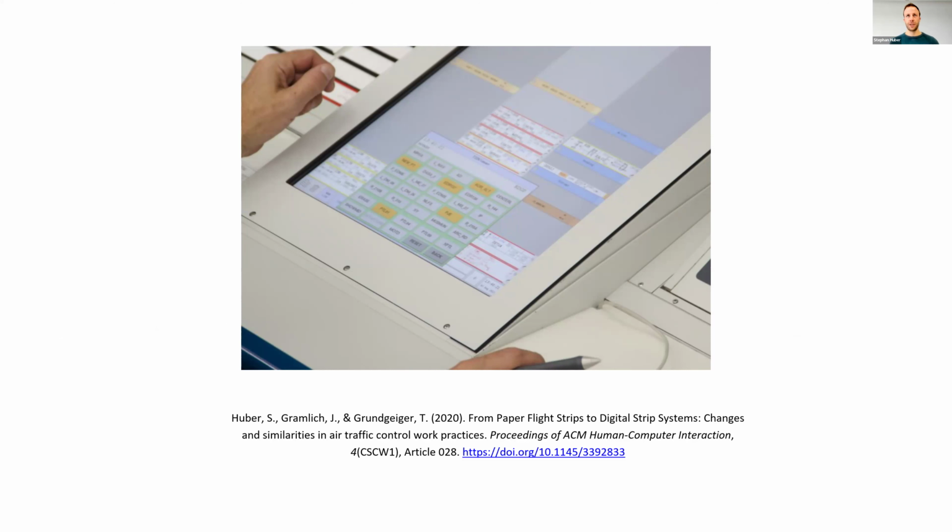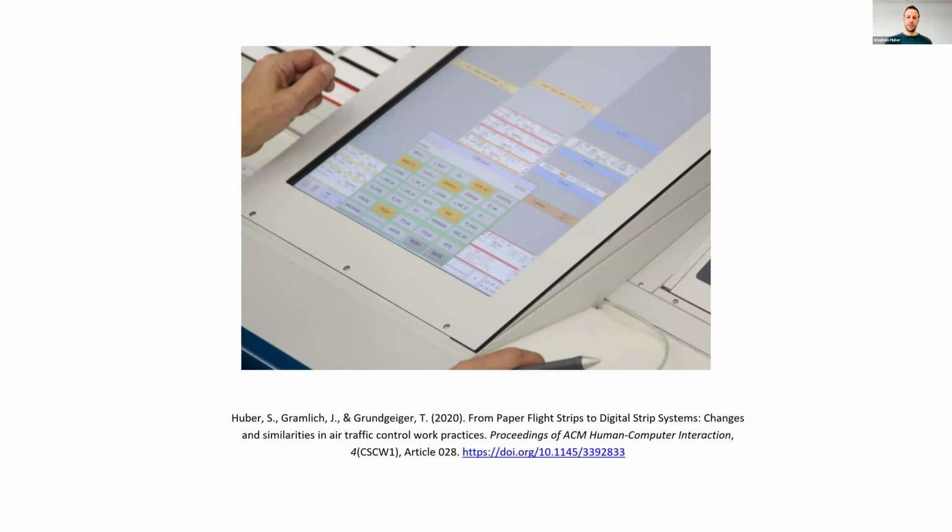And here in the picture, you can see a version of a paperless flight strip system. People try to imitate the paper flight strip and put this on this digital display here, taking away the three-dimensional components, so you could not take the strips out of the system, but they were still there and you could rearrange them.